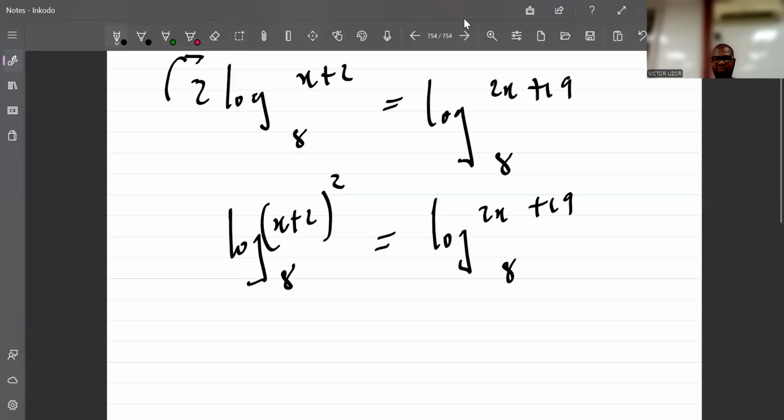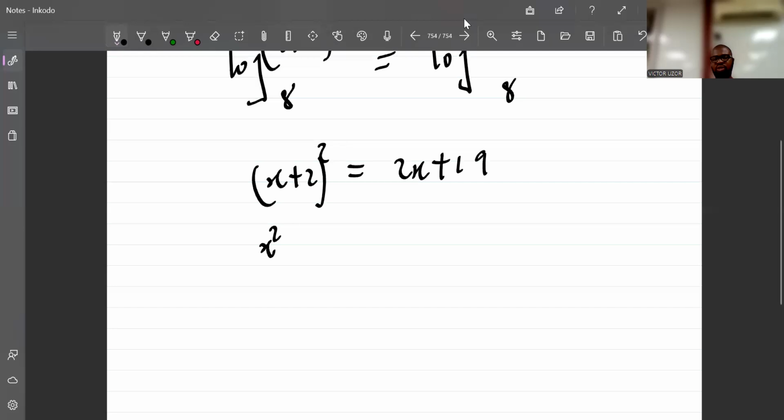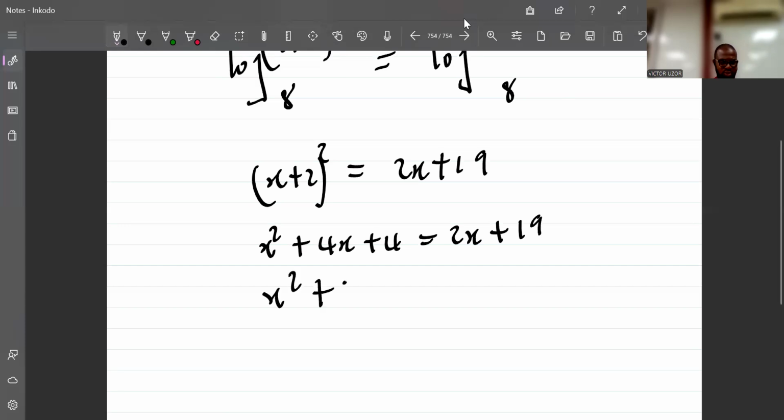If you expand this, you have x squared plus 4x plus 4 equals 2x plus 19. So when you collect like terms, you have x squared plus 2x minus 15 is equal to 0.